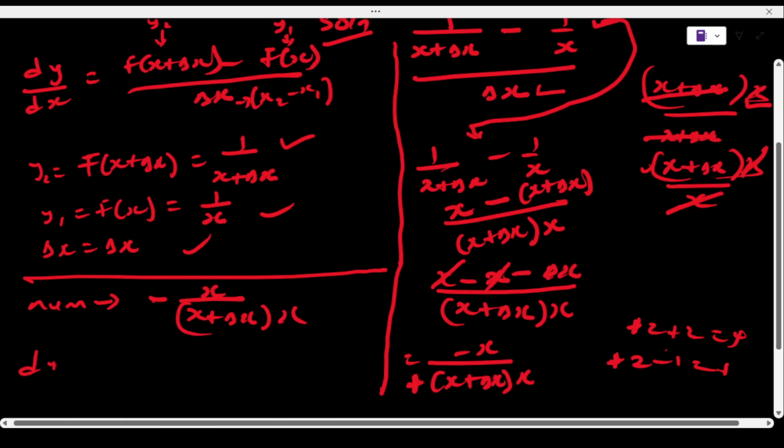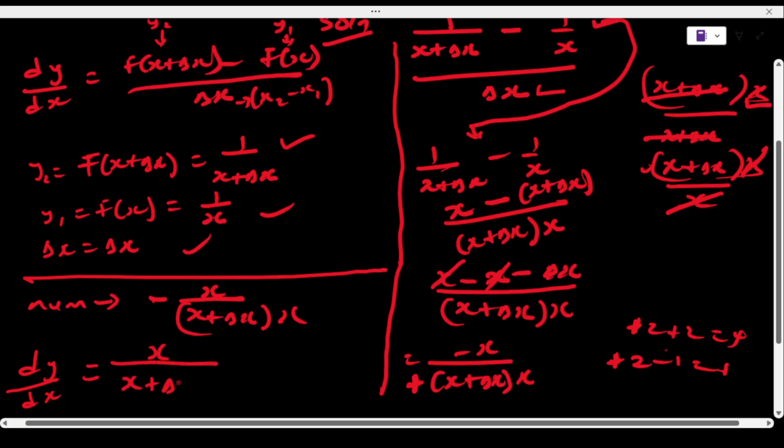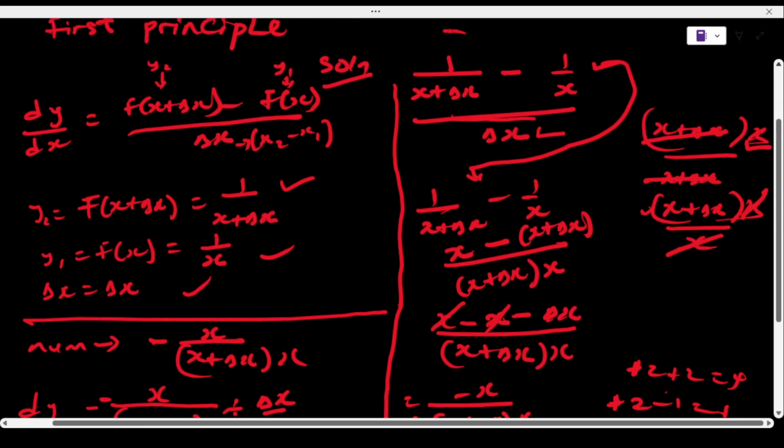Let's go back to our dy dx, which is equal to x over x plus change in x minus x, divided by this change in x, divided by change in x over 1. So that is the interpretation of this.